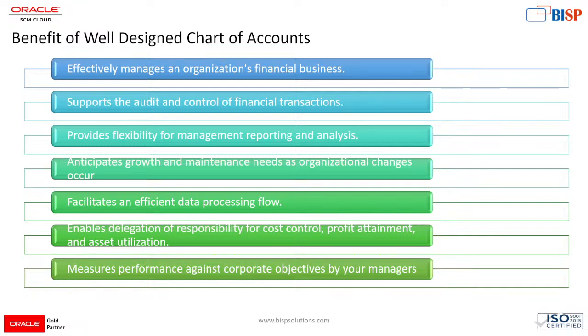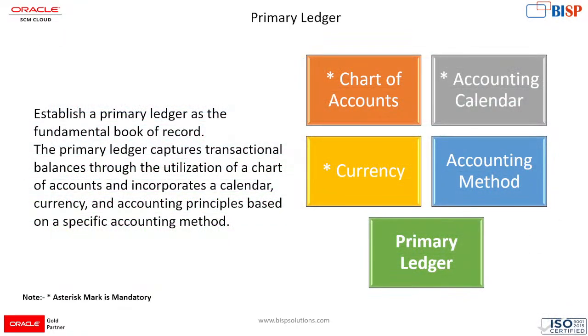So now let's move to the next slide. That is the primary ledger. Establishing a primary ledger creates a central record-keeping ledger for your organization. A primary ledger is responsible for recording transactional balances and utilizes a chart of accounts integrated with a calendar, currency, and accounting rules based on the specific accounting method.